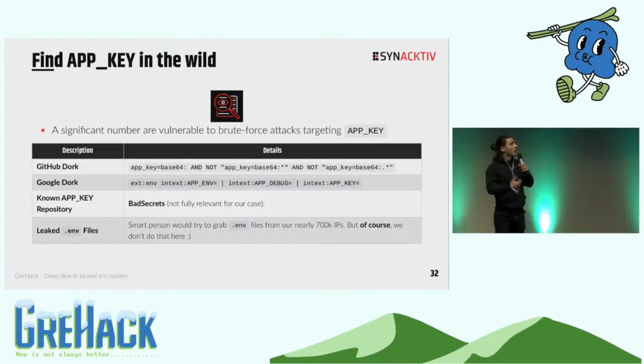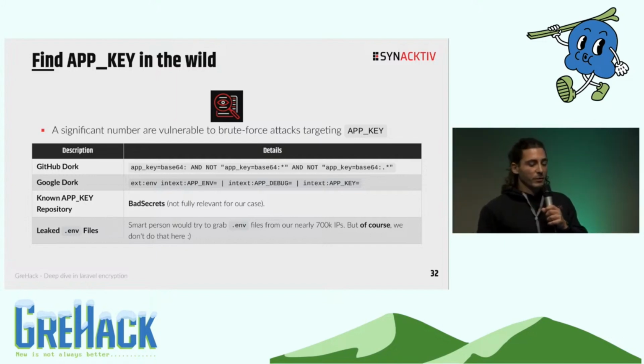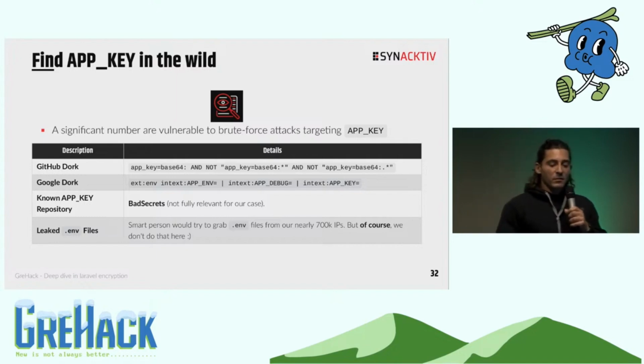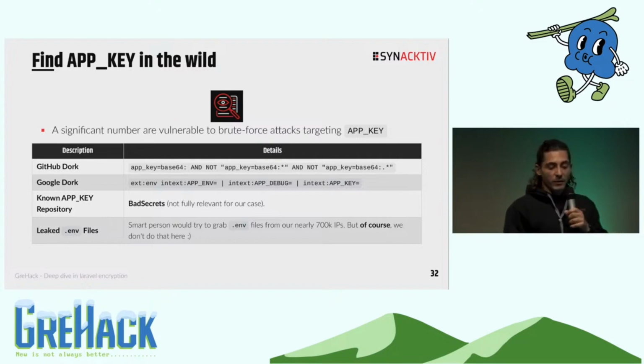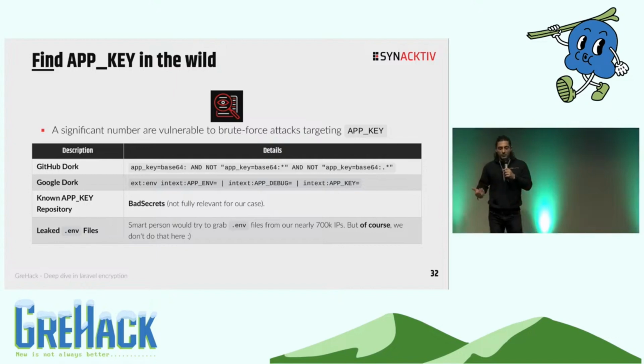We can also get some relevant app keys from Bad Secrets. It's a naughty repository for app keys, but it is not fully useful for us because it is mostly focused on Windows web servers. You can also, if you are a smart person, grab .env from web servers facing the internet, like with Shodan, but we don't do that here. We don't want to interact with the web server.